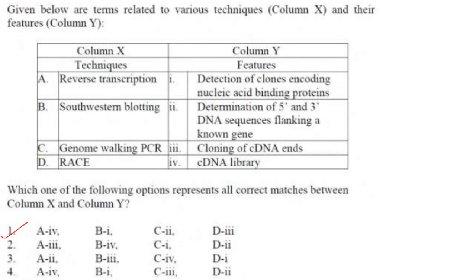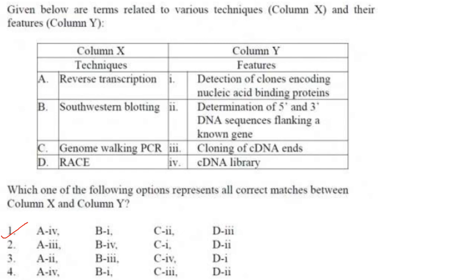Then next one. Given below are terms related to various techniques in column A and their features in column B. Match the following. Reverse transcription is for cDNA library. Southwestern blotting is for detection of clones encoding nucleic acid binding proteins.